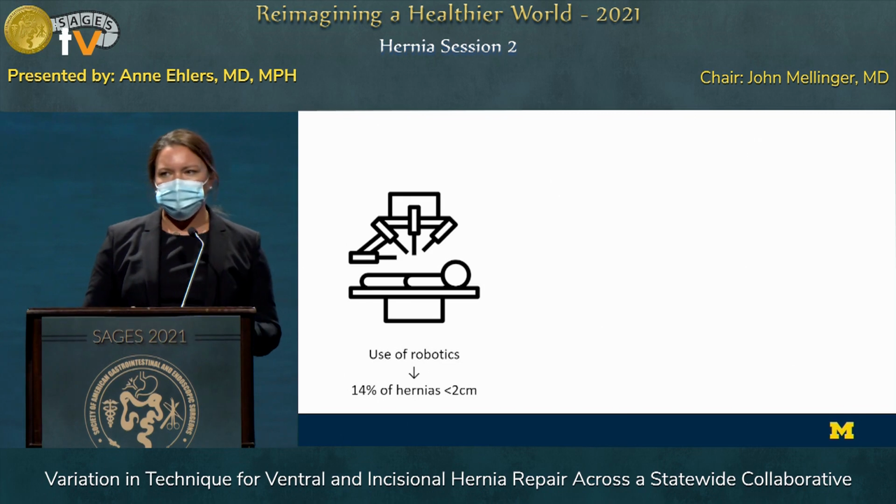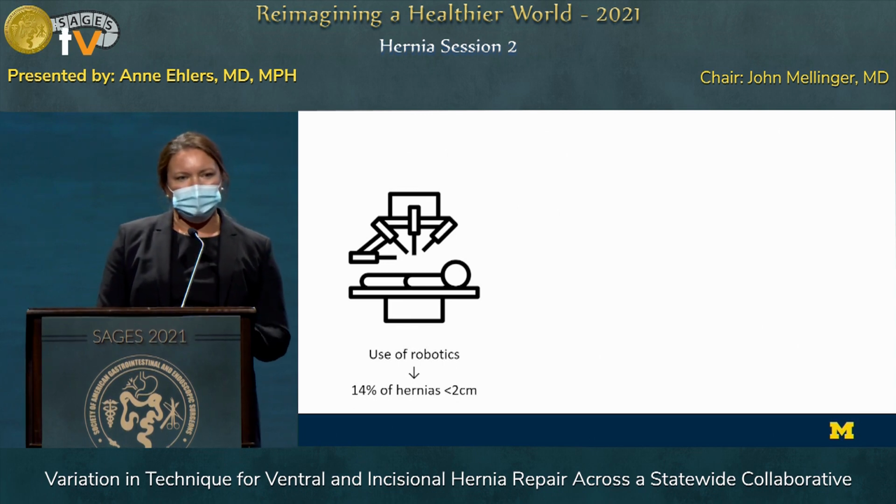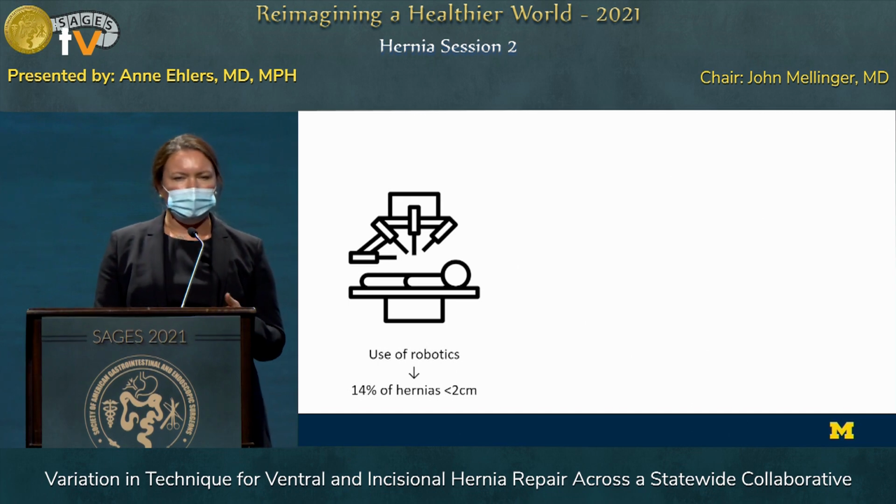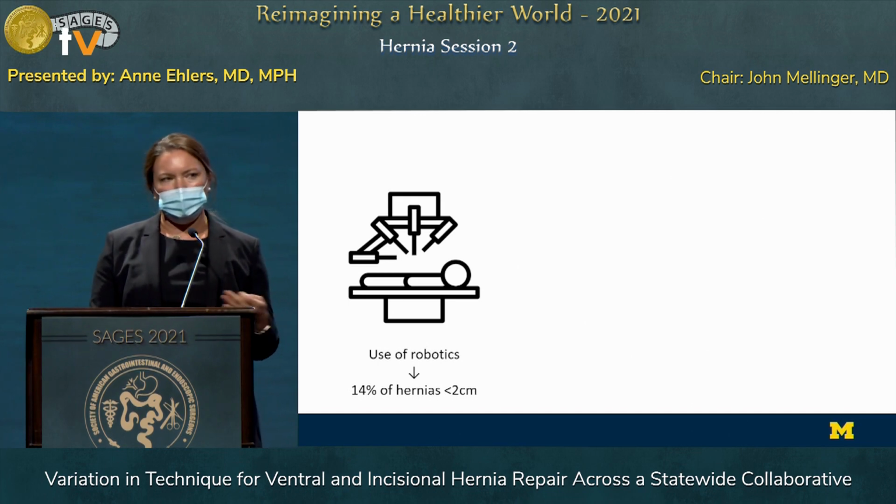So again, a couple of things we found. 14% of hernias less than 2 centimeters were repaired using the robot. We know that the use of robotics in hernia repair has really exploded recently without a proven improvement in patient outcomes, and particularly for these very small hernias, why is this occurring?